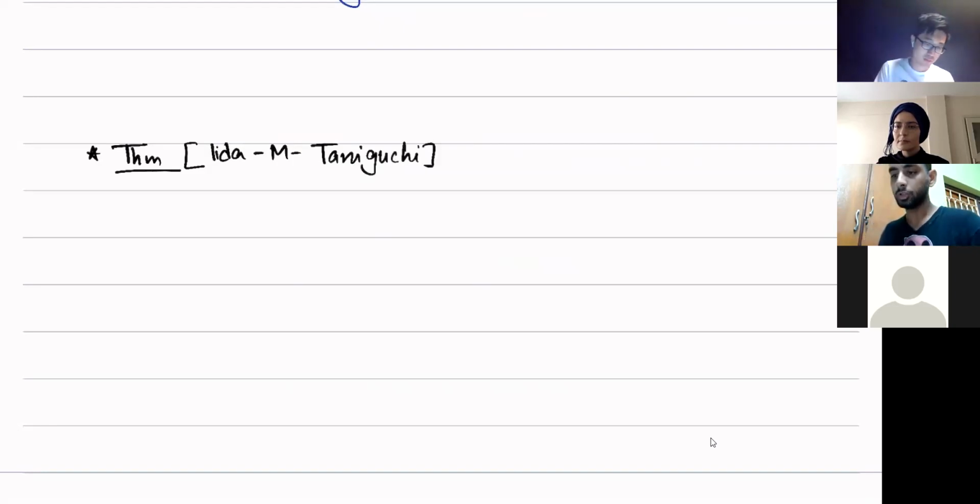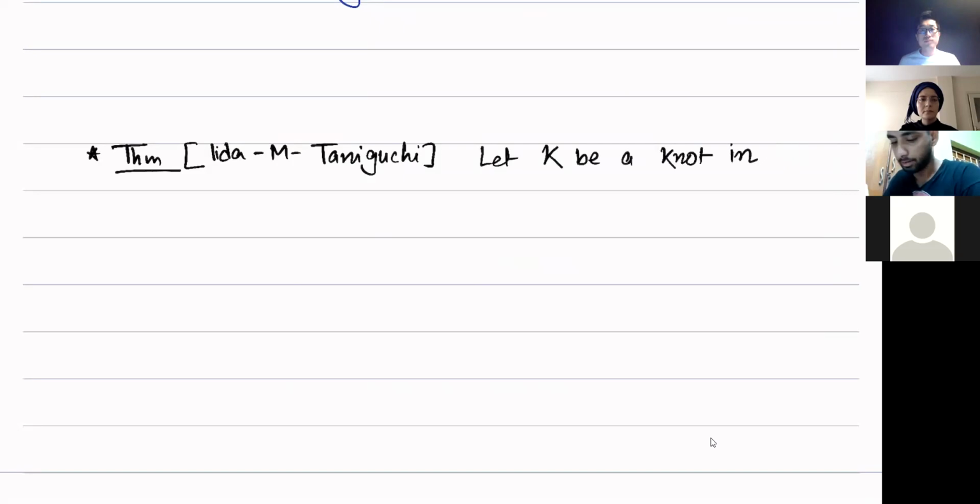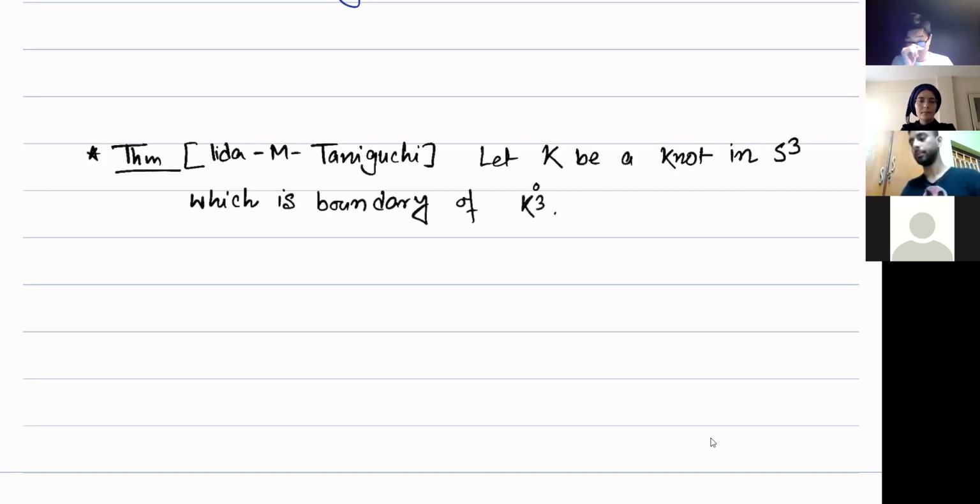So let's talk about a particular example. Let K be a knot in S3, which is the boundary of punctured K3.